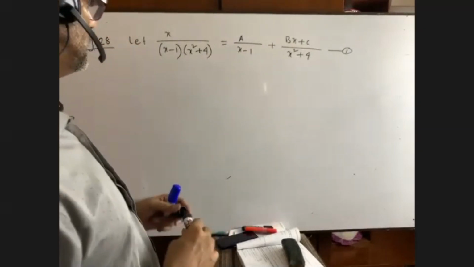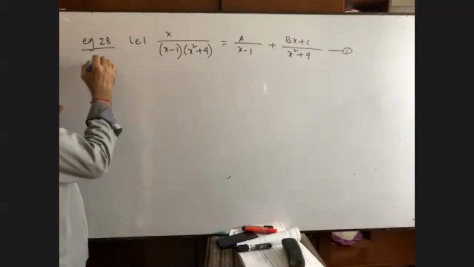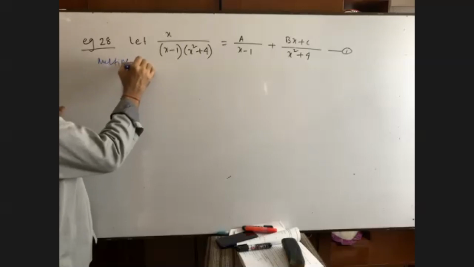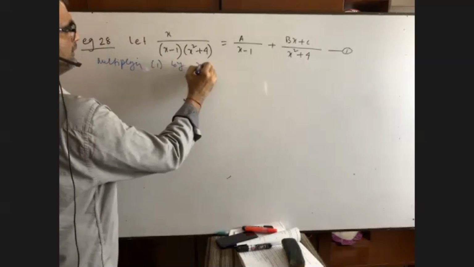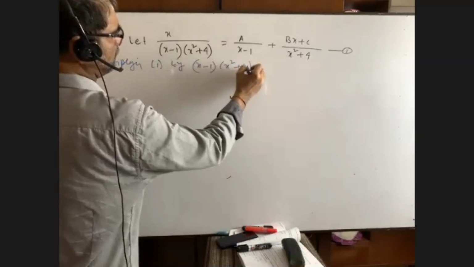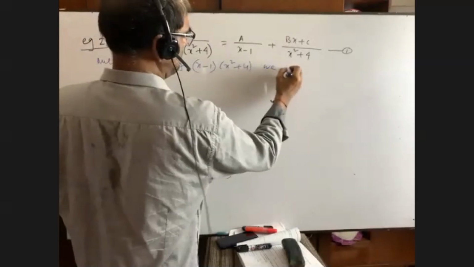I think I should not do it. Then multiplying 1 by (x - 1)(x² + 4), what will we get?